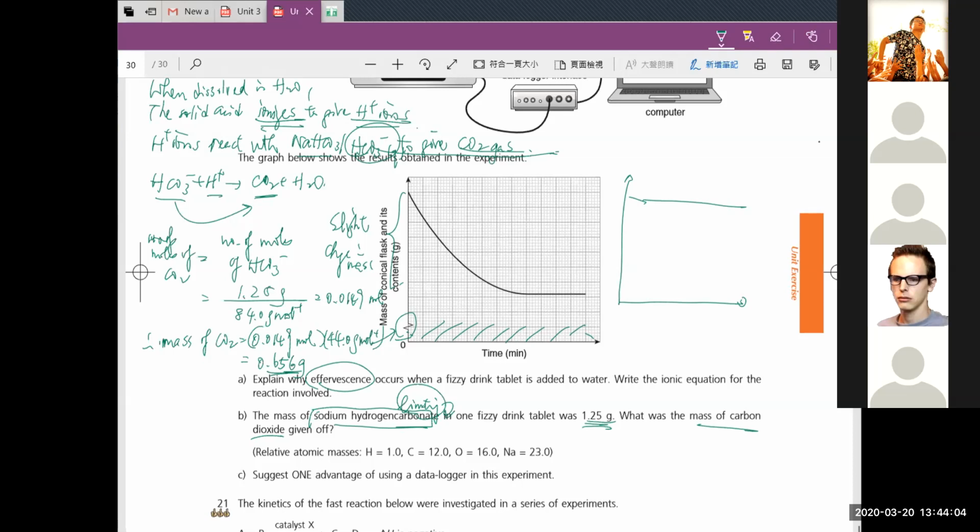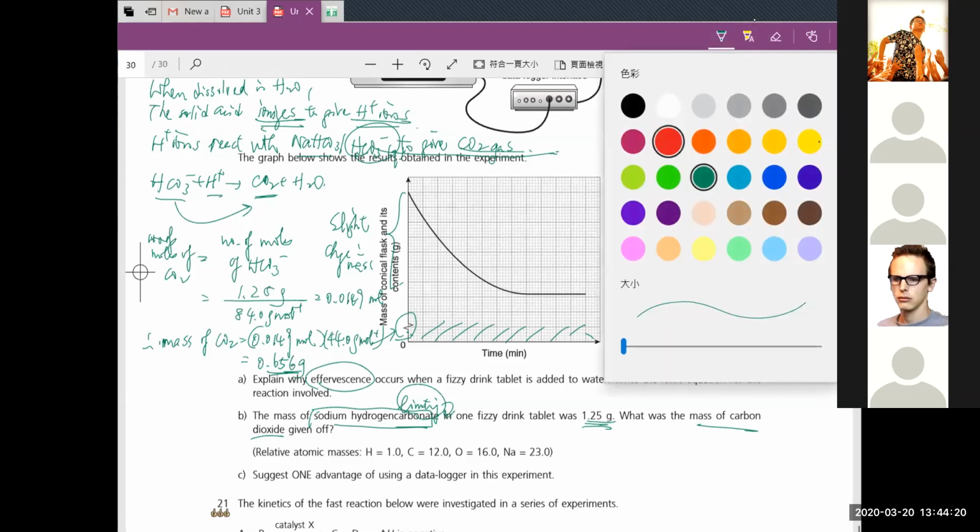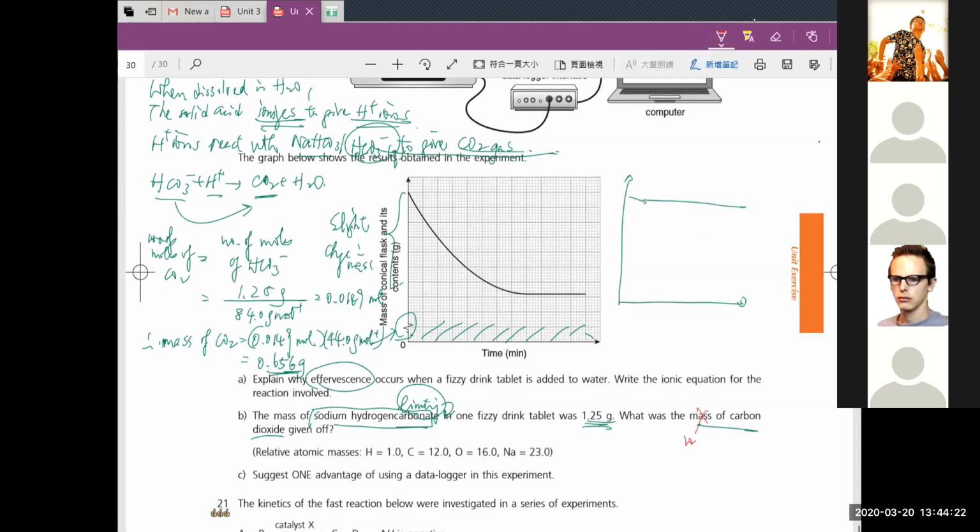Tell me the volume of CO2 to be produced based on this data. I changed the question a little bit. This time, I'm not asking you the mass of CO2.